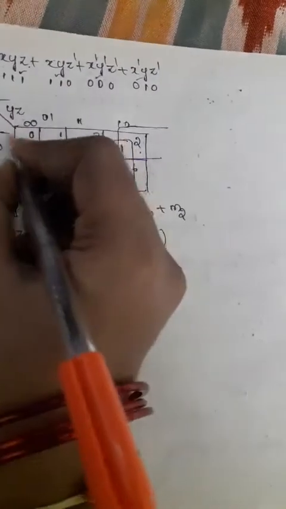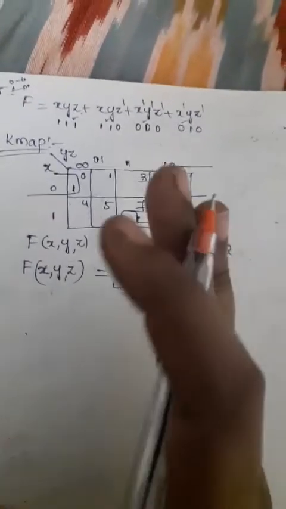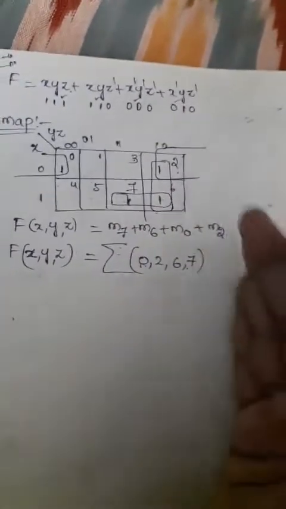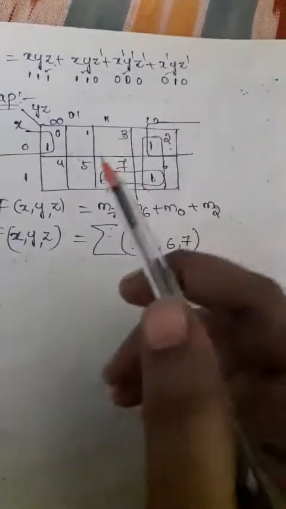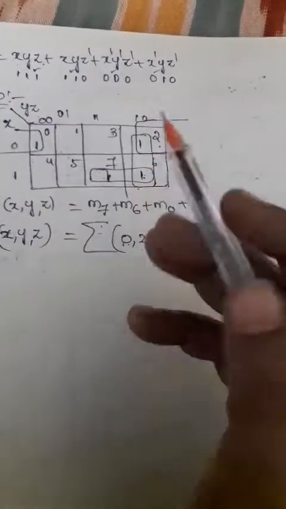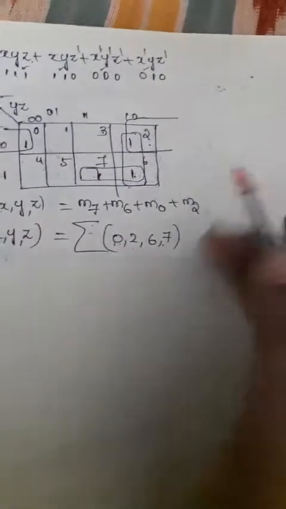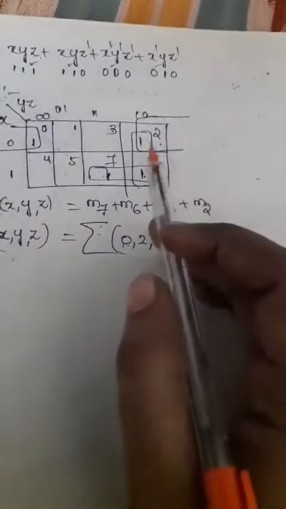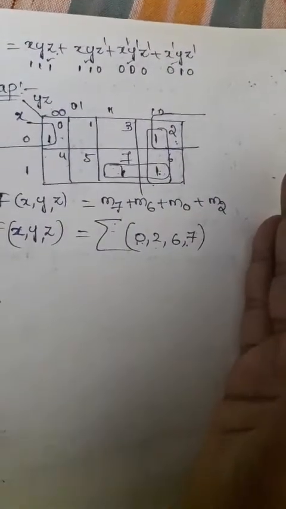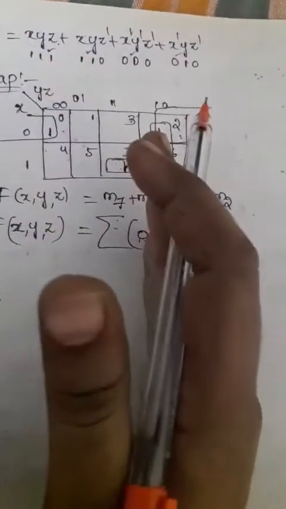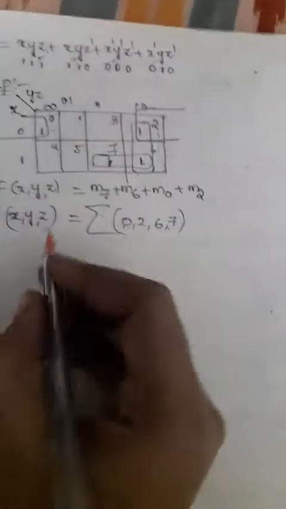So totally we are getting 3 possibilities, which are the doubles. 6 7 is one double, as these two cells are adjacent, and 2 6 are adjacent cells, forming one group. And 2 and 0 are opposite cells, or otherwise corner groups, so we can form one group. Okay, so directly we'll get 3 doubles here.